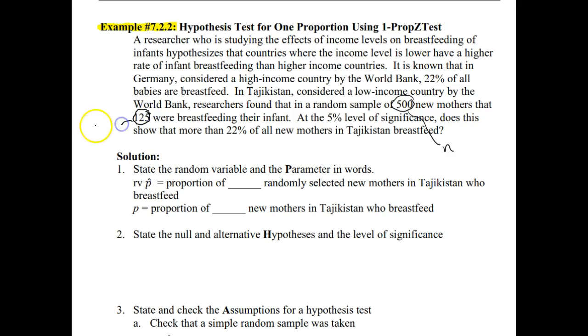Okay, so this is a count in a category, so that's our value of x for qualitative data. At the 5% level of significance, so there's our value of alpha, does this show that more than 22% of all new mothers in Tajikistan breastfeed?